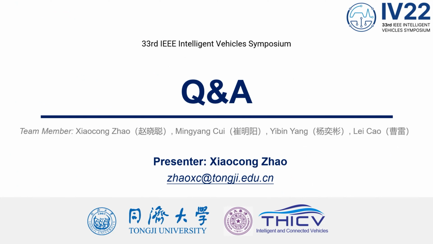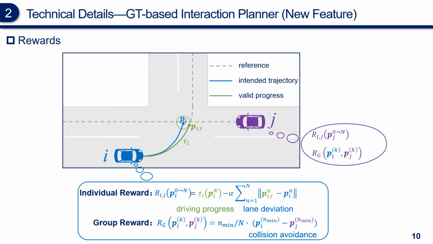So again, I have a question. Comparing your method with Leon's method, Leon assumed a single action for other vehicles because he wanted to prevent the state explosion problem. But in your case, you seem to consider more actions. So don't you also have this explosion problem, or do you have other tricks to avoid that? I also use iterative best response to solve the game, and actually it restricts the number of interacting agents.